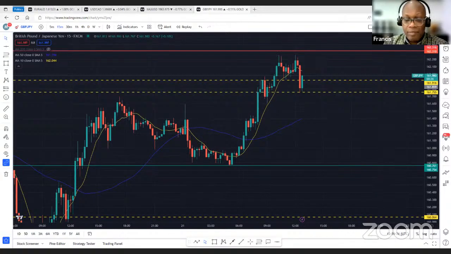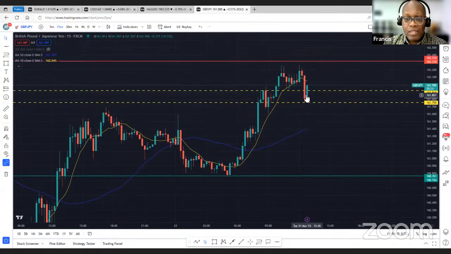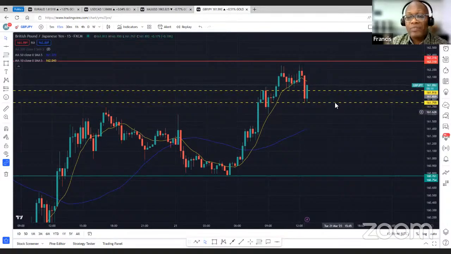If you look at this candle on GJ, it is one big push down, but you can actually combine these two red candles as one big push down.